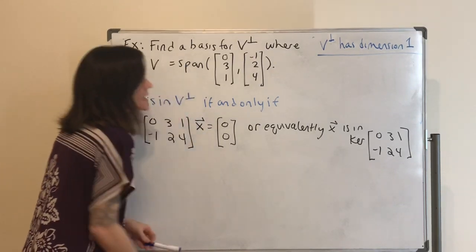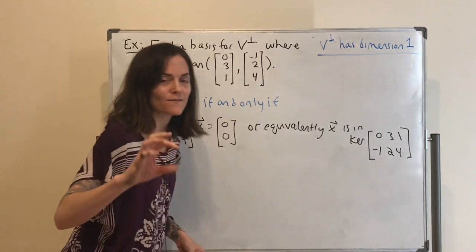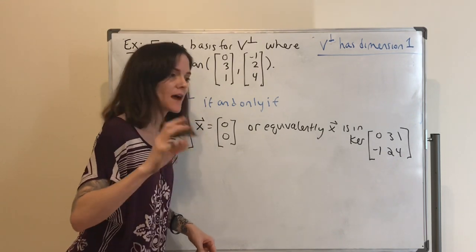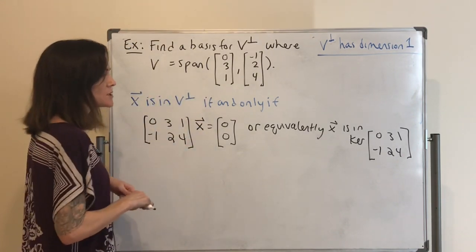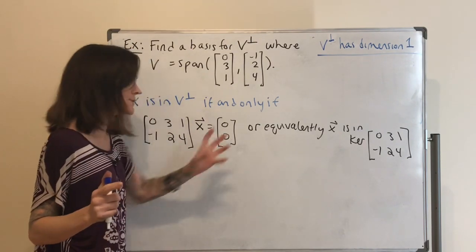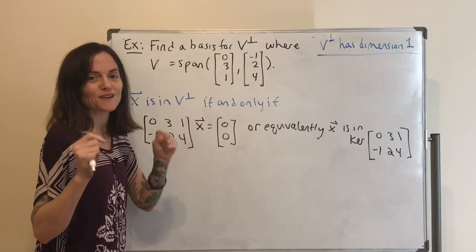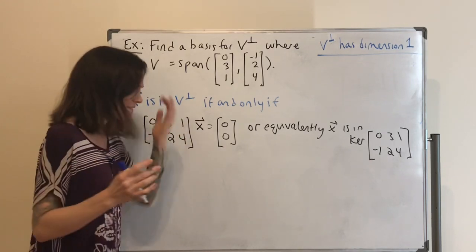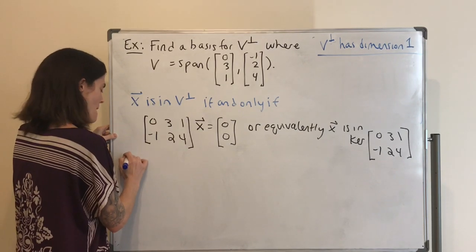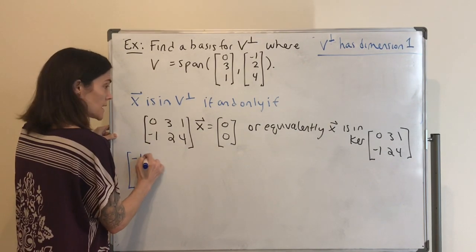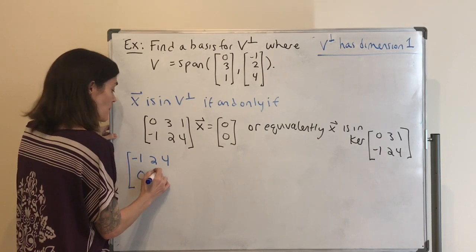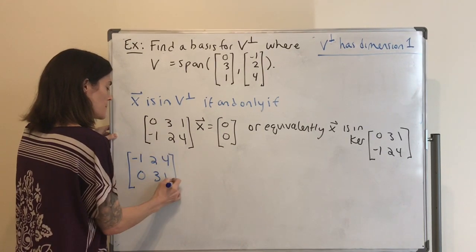Now, the nice thing is, we know how to find a basis for the kernel of a matrix. I need to perform elementary row operations to get this into reduced row echelon form. Then I can figure out a basis for the kernel. So the first thing I'm going to do is interchange my rows so that I have a non-zero entry in the 1, 1 position.